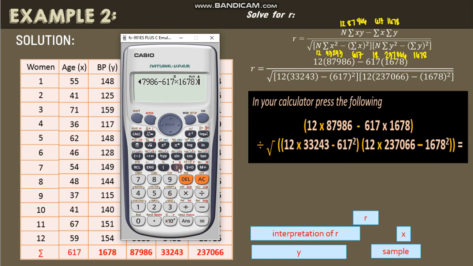And then close, divide, square root sign, dalawang parentheses, 12 times 33,243. Okay, and then minus 617 squared, and then close, open, 12 times 237,066 minus 1678 squared, dalawang close. And then equals.